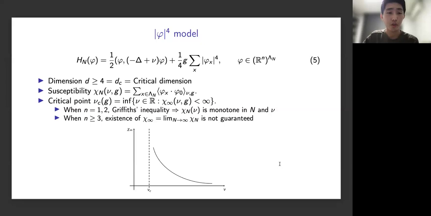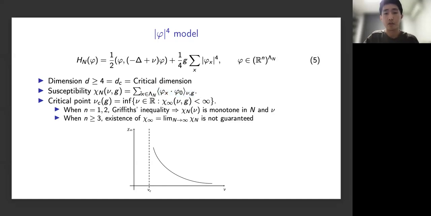I'm also going to talk about the critical point for the phi-4 model. However, I'm going to define it slightly differently using susceptibilities. So in a finite volume lambda n, I'll define the susceptibility as a sum of correlation functions. So the correlation function is the expectation you see here. So it's the expectation of phi x inner product phi 0.